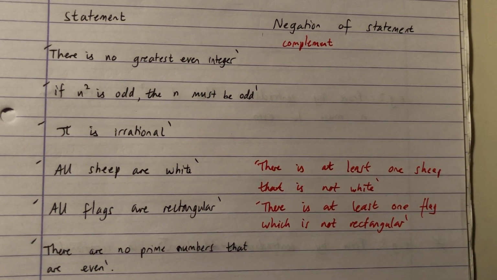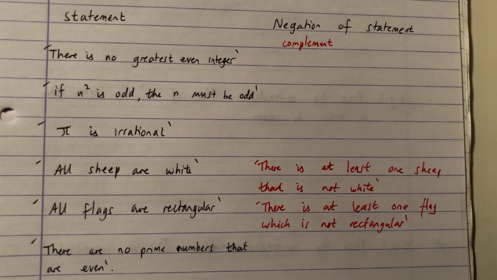I think the Nepalese flag isn't rectangular. But that would be the negation of the statement. It's just not all flags are rectangular, all flags are not rectangular. That's not the negation, that's the wrong idea. It is everything apart from that statement. So all of the possibilities apart from all flags are rectangular in this case.